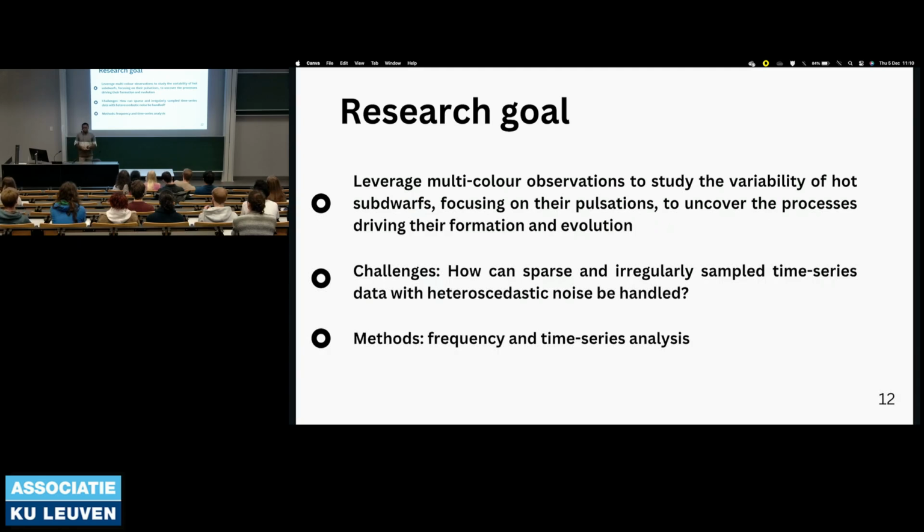But there are some challenges in this project. The main one is how we can deal with sparse and irregularly sampled time series data. The methods I used in this project mainly focus on frequency analysis and time series analysis.